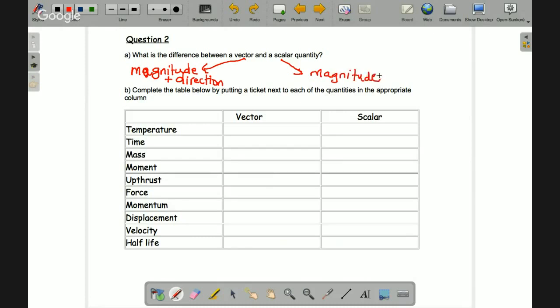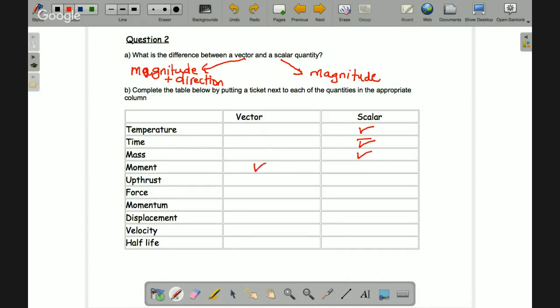And in addition to being able to give the definition of a vector and a scalar, you should be able to say which quantity is a vector. If you could remember, temperature is a scalar, right? Mass is a scalar.